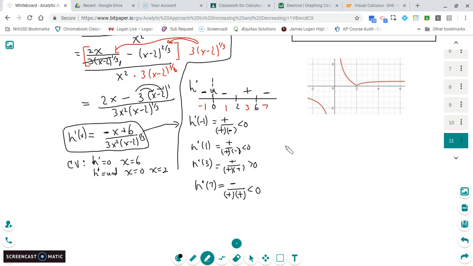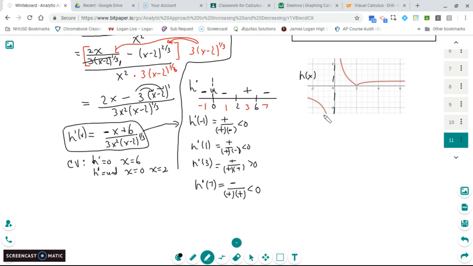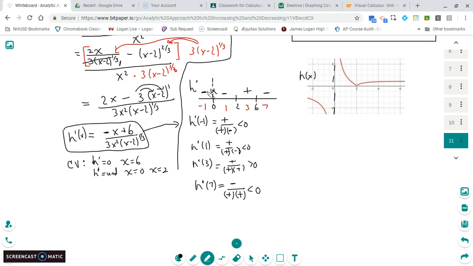All right, so even though I could talk about increasing and decreasing intervals, I'm looking for extrema. So could 0 be an extrema? No, that's a vertical asymptote, which we can see here in this graph. And notice that h, the function, so this is the graph of h of x. H is decreasing on the left side of 0, the negative. And then it's decreasing between 0 and 1, and then it changes to increasing.